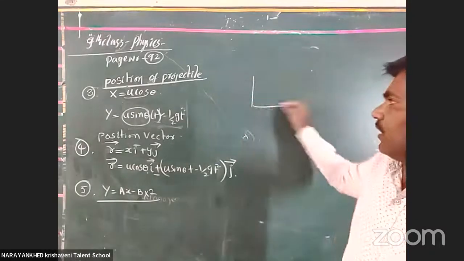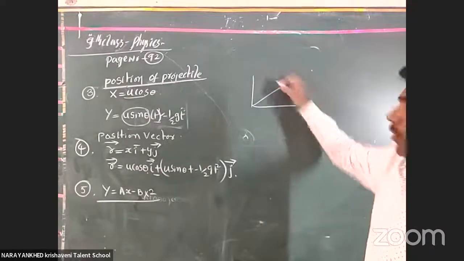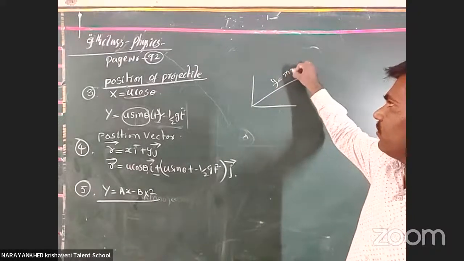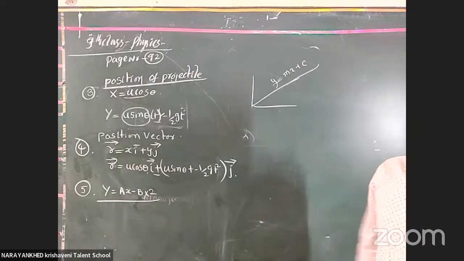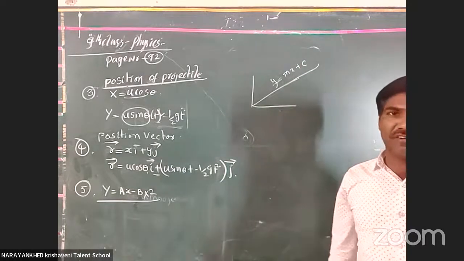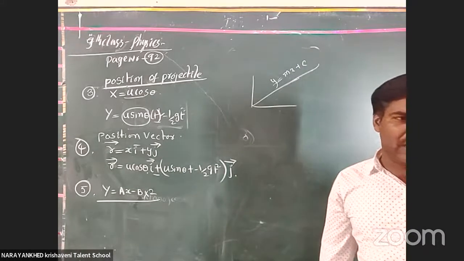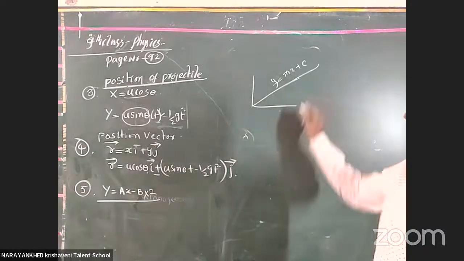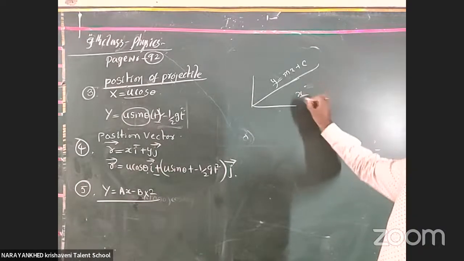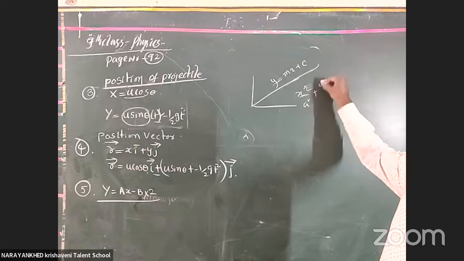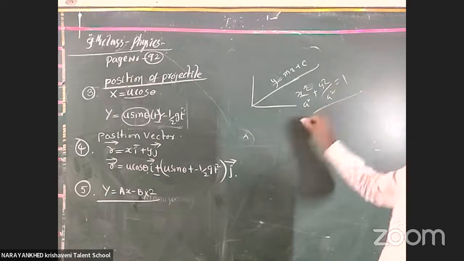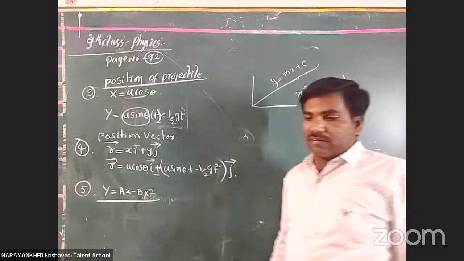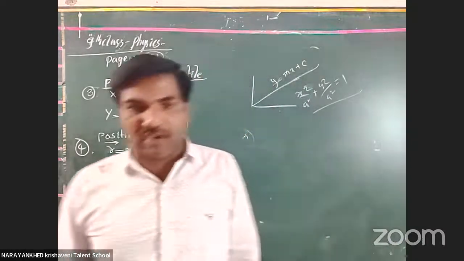Suppose you take this as uniform motion, how do we write it? y is equal to m x plus c. You may have got this in your mathematics. Clear or not? A parabola also contains one equation: x square by a square plus y square by b square is equal to 1. In this way, we consider some mathematics equations for the curves.